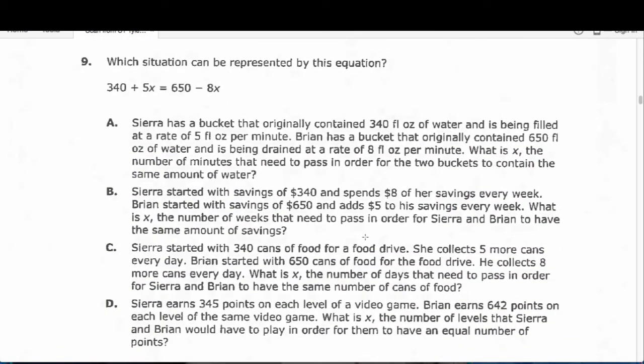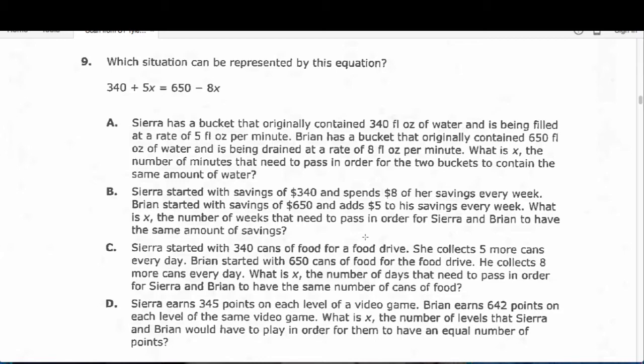Question 9. Which situation can be represented by this equation? 340 plus 5x equals 650 minus 8x. A. Sierra has a bucket that originally contained 340 fluid ounces of water and is being filled at a rate of 5 fluid ounces per minute.